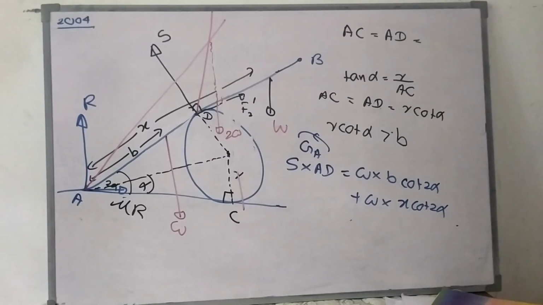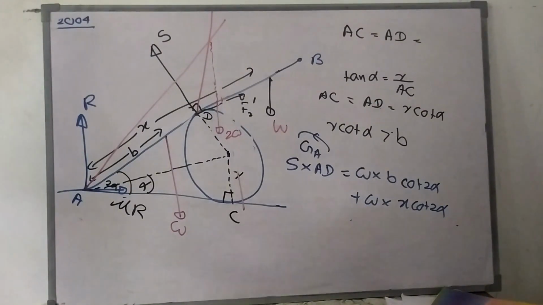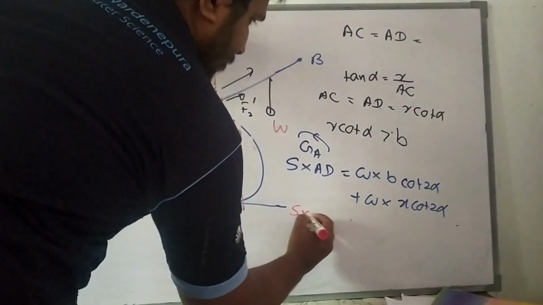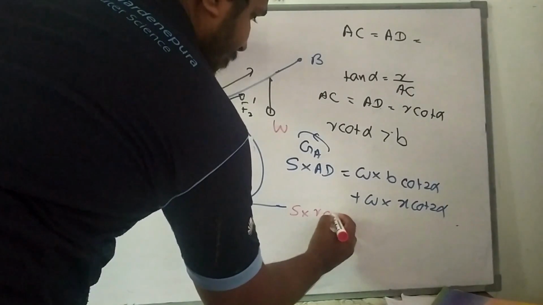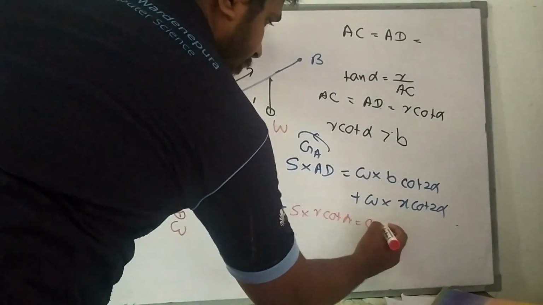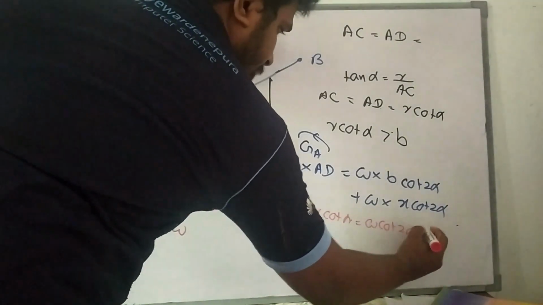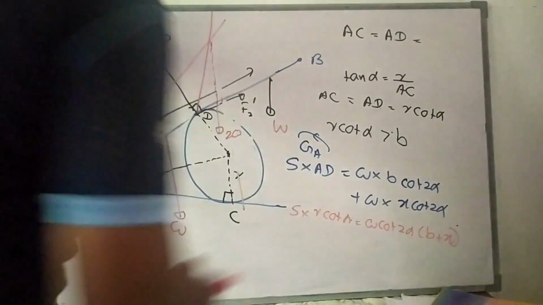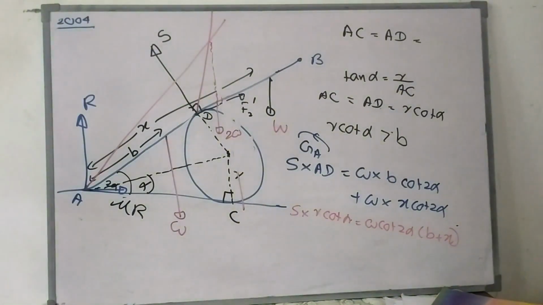Okay, we got the moment around A. So I'm just simplifying it. S into r cot alpha equals W cos 2 alpha (b plus x), and pull W cos 2 alpha out.